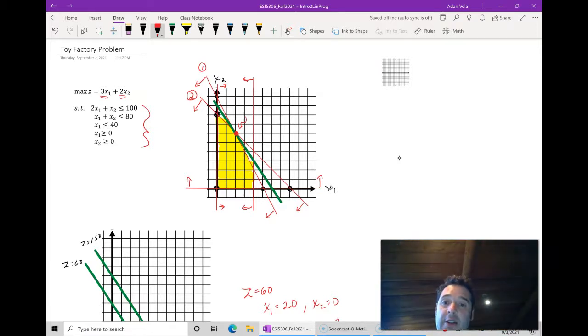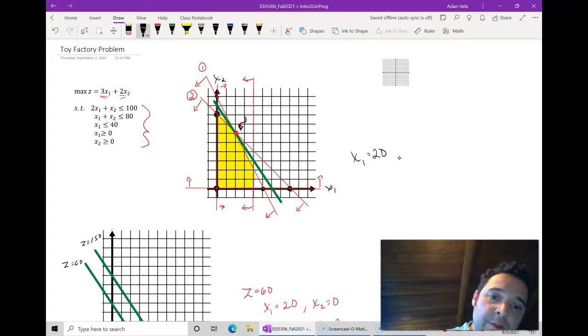So if we look at the coordinate frame, we can figure out what that point corresponds to. So here it's x1 equals 20 and x2 is equal to 60. All right? And we can just plug these values back into our cost equation. And I should put a star here because this is going to be the optimal solution.